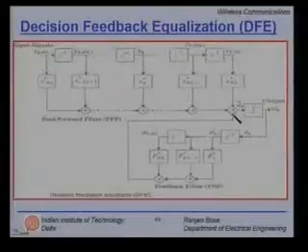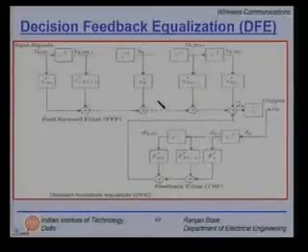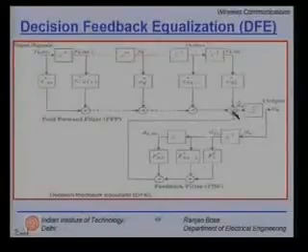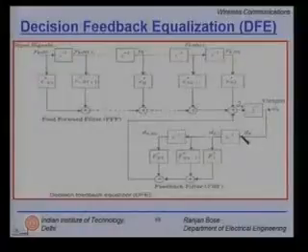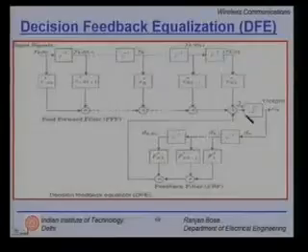Right. So, somewhere the philosophy is to estimate the intersymbol interference, because you have already detected the past symbols. So, you can predict what intersymbol interference it will cause to the subsequent symbols and subtract it out. If you can estimate the intersymbol interference that will be induced by the current decoded symbol, and if your decision is correct, then it is possible for you to subtract out the ISI.